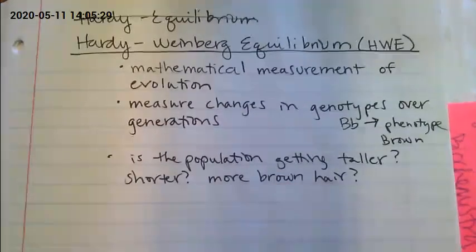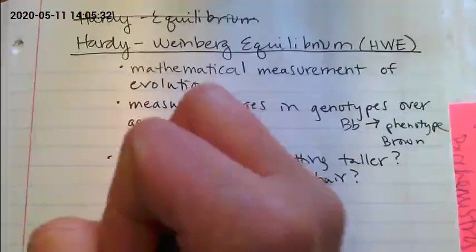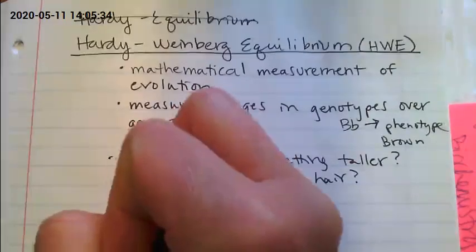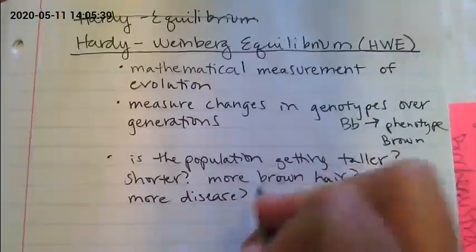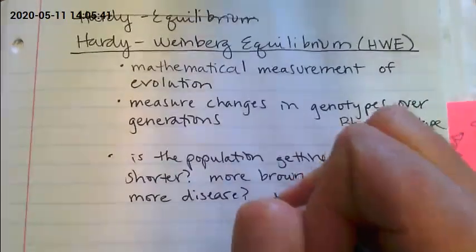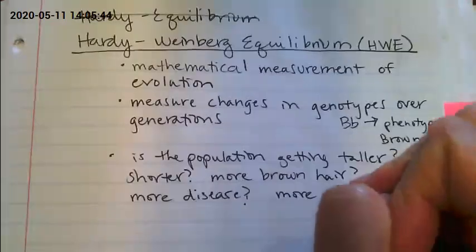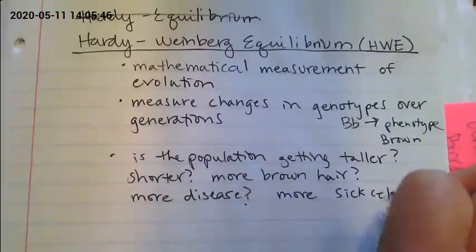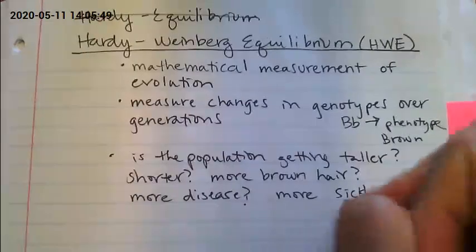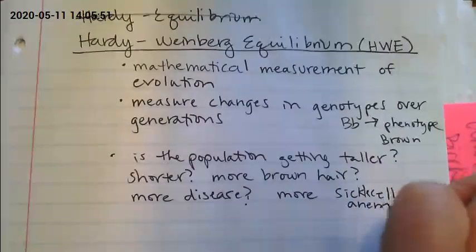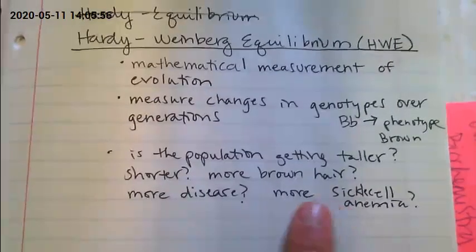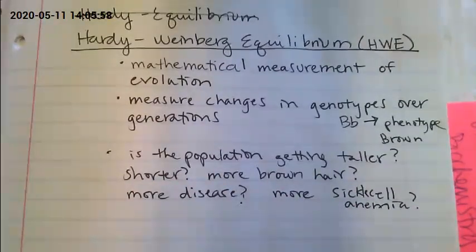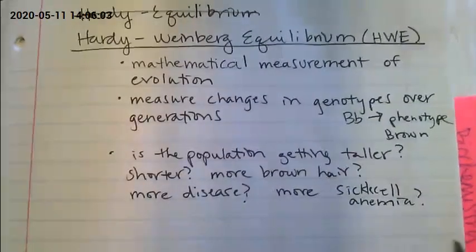Is brown hair becoming more prevalent? You can also use this to track, is there more disease? Like a particular disorder, like the one we're going to talk about today, sickle cell anemia. So you can apply mathematics to determine if these traits are becoming more or less prevalent in a population.